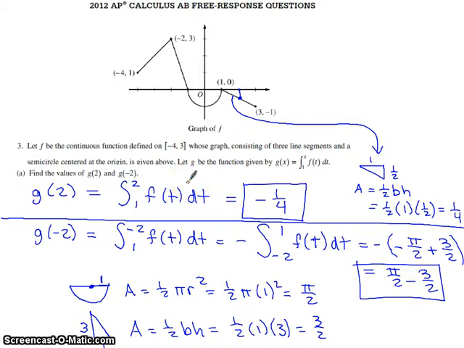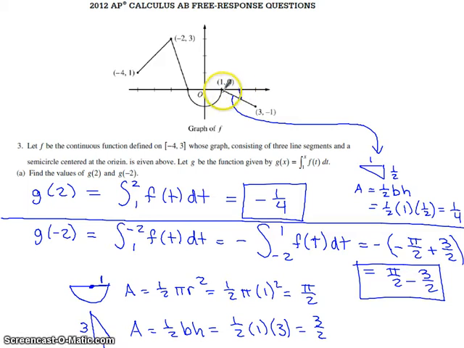So the definite integral from 1 to 2 of f of t with respect to t is all g of 2 corresponds to. Now if you're going to compute this, if you use area arguments, that would be a triangle right there, and a definite integral corresponds to the signed area between the curve and the x-axis. So this integral can be found just by taking the area of a triangle.